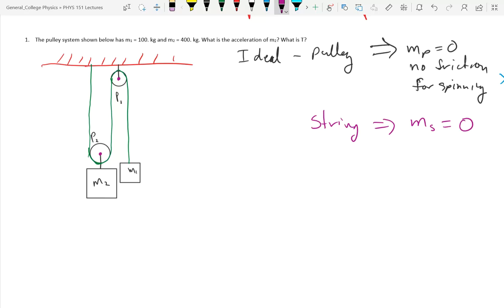If the mass is not 0, you could have that in the calculus problems because we can integrate. If we have the mass per unit length, we can calculate. But in the general physics class, no. You're probably not going to experience it in the calculus class, but you could.